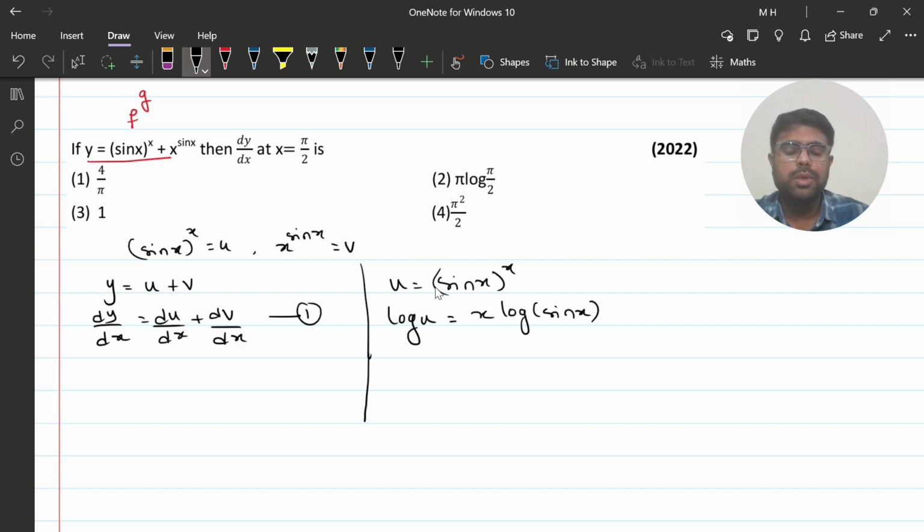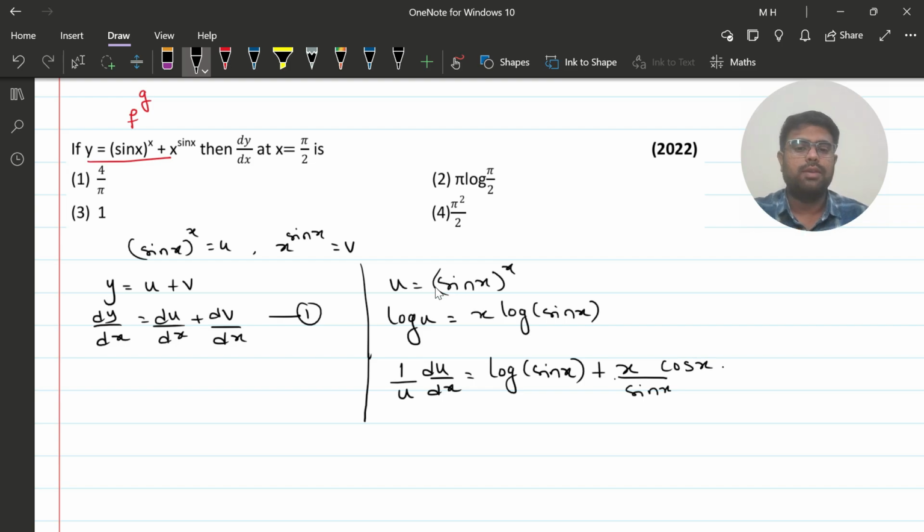The derivative of this would be 1 by u, du by dx is equal to, derivative of x is 1, I'll keep log sin x as it is, plus the x as it is, the derivative of log sin x is 1 by sin x into cos x, right? Fine.